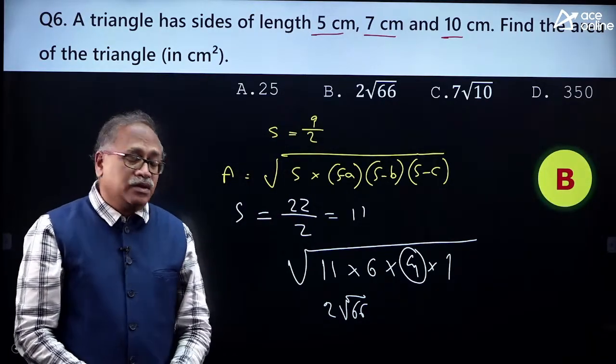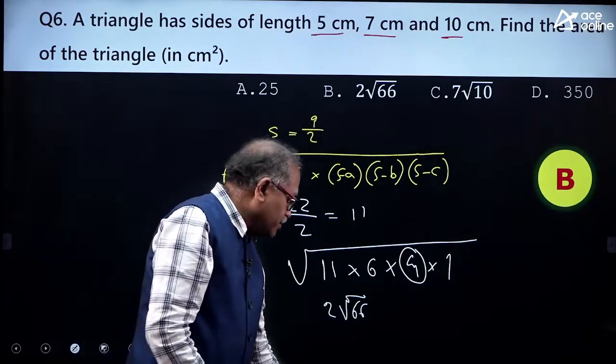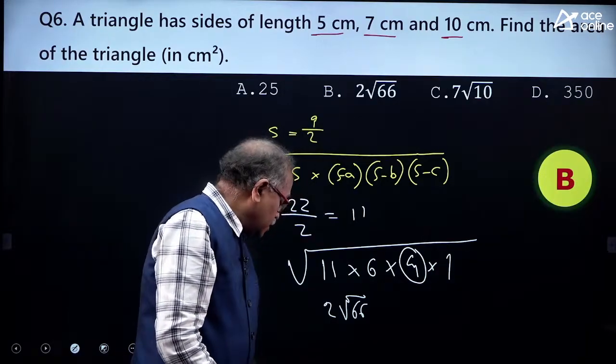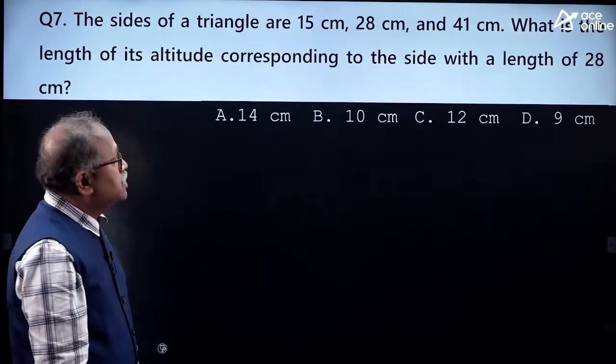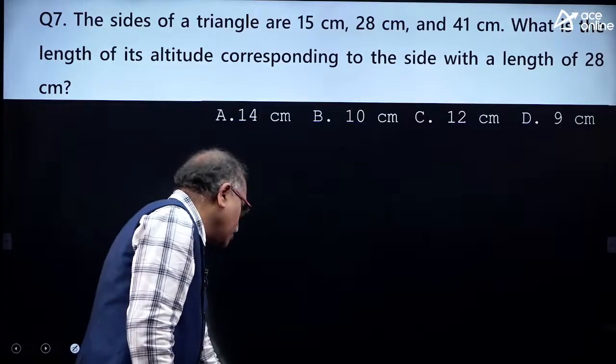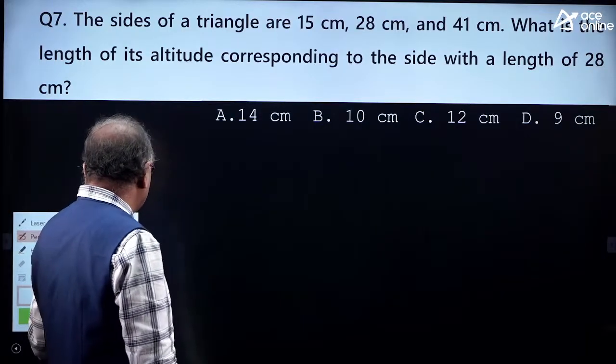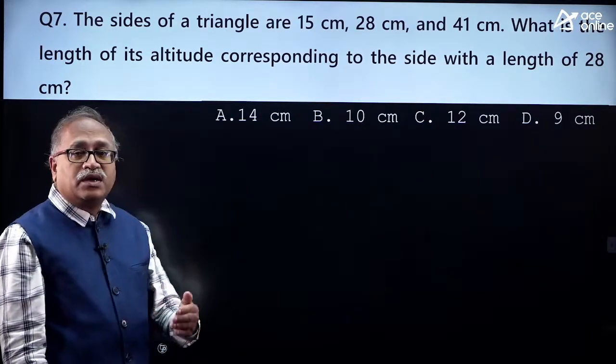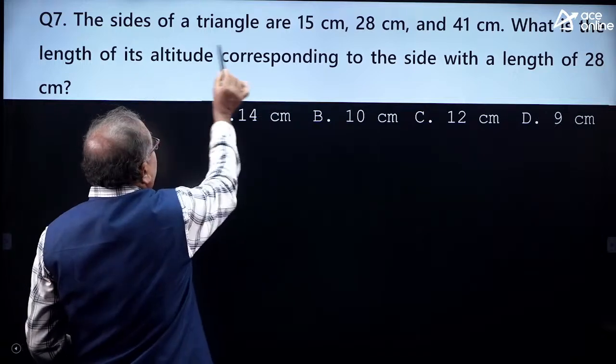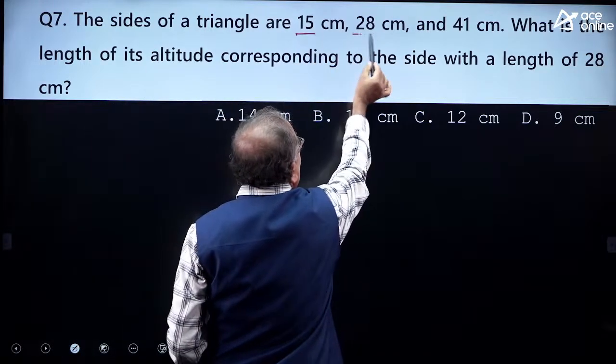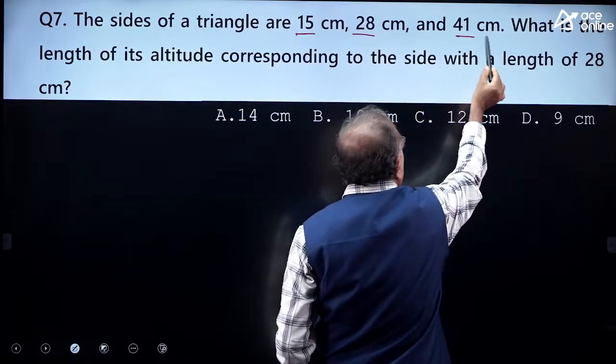One more triangle-based question, which is this one. Here is a similar type of question, but you need to find the height. The sides of the triangle are 15, 28 and 41 centimeter.